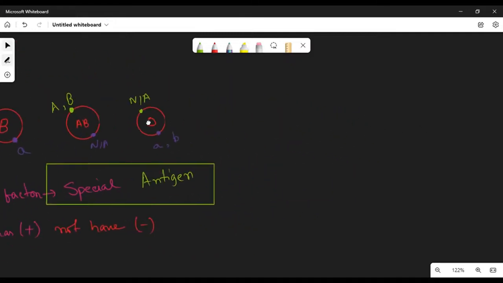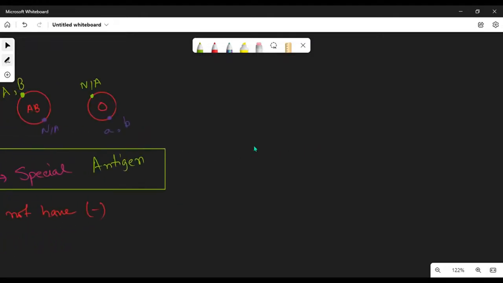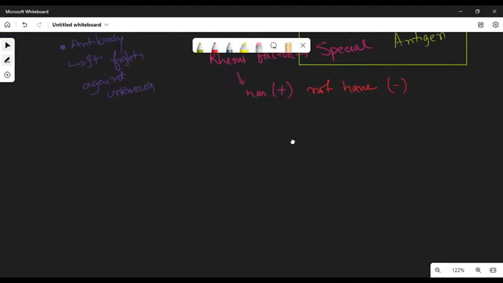So now let's talk about donating and receiving blood. In case of donating blood, what plays a factor? The factors are antigens and also the Rh factor, as it is a special type of antigen.